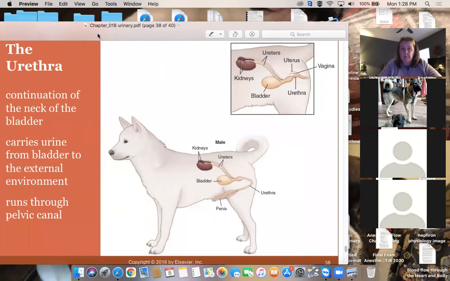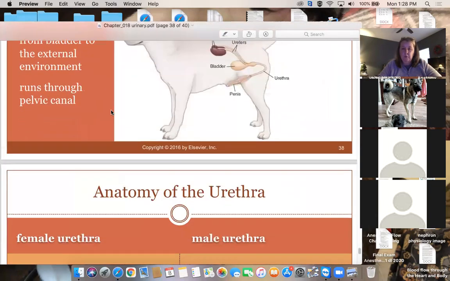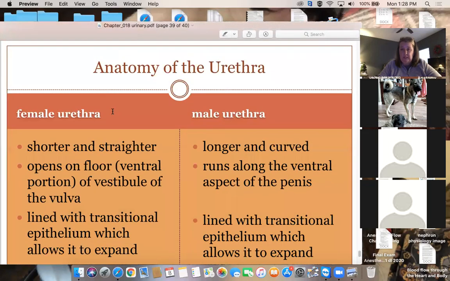So there are some differences. To explain on a test, the first difference is length. A female is short and straight, a male is long and curved. The female urethra opens on the vestibule of the vulva, and again, it's a little bit deeper in that vestibule. You can't really see it. The male urethra runs along the penis.